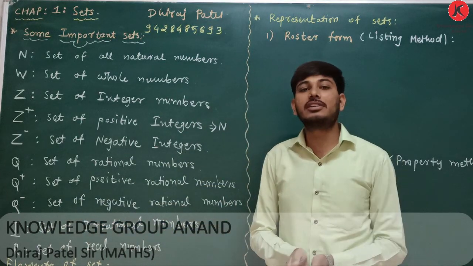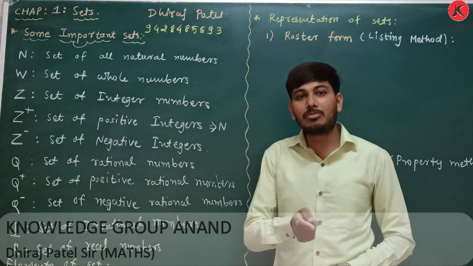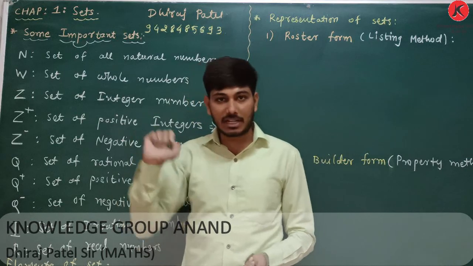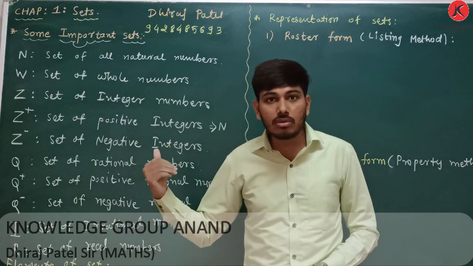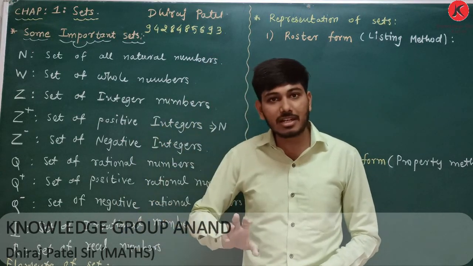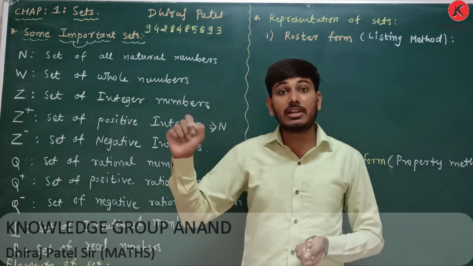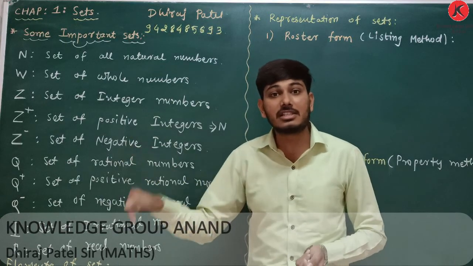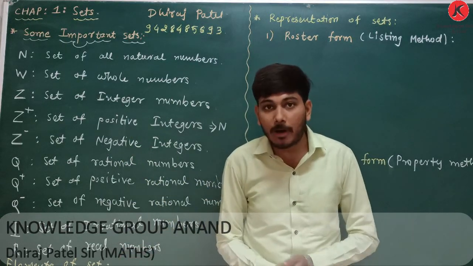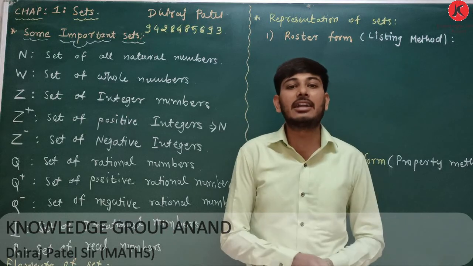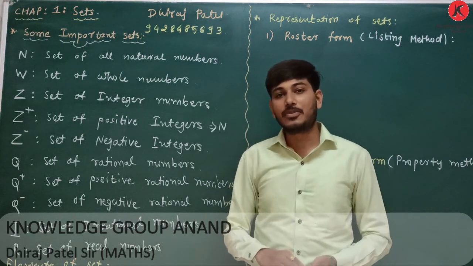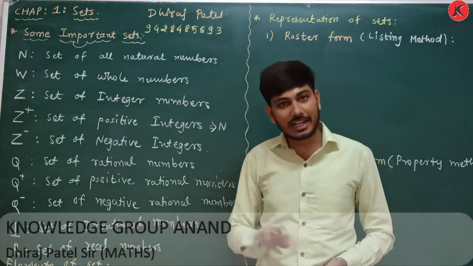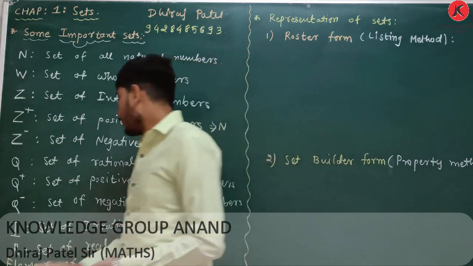That means rational numbers with a minus sign: minus 2 by 3, minus 1 by 2, minus 2. Minus 2 is also a rational number because it can be represented as minus 2 by 1, that is, in p by q form. So it is a rational number with a minus sign. Therefore, it is a negative rational number. Clear?